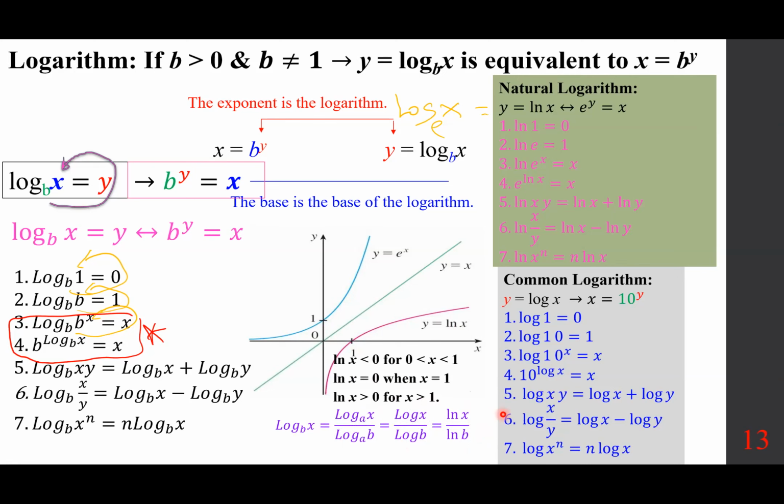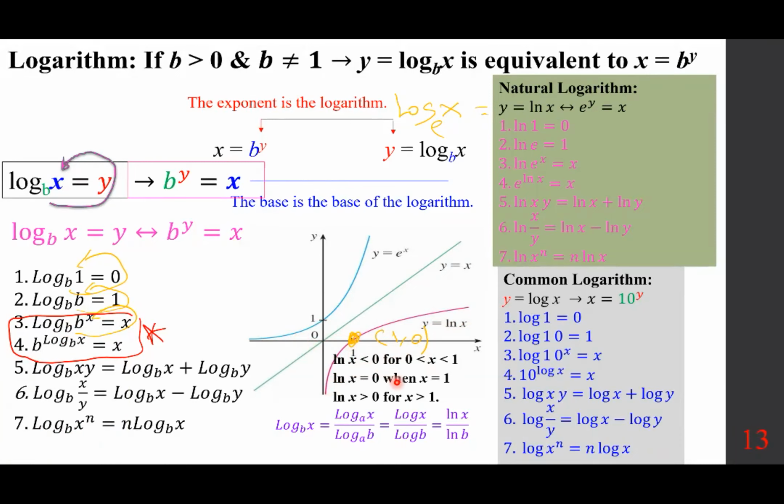Finally, if you look at this coordinate, which is 1, 0, let me write it down. It's clear, but let's write it down. This point has coordinates 1, 0. And as you look at this, when it's below the x-axis, the y or ln x is negative, so it's between 0 and 1.